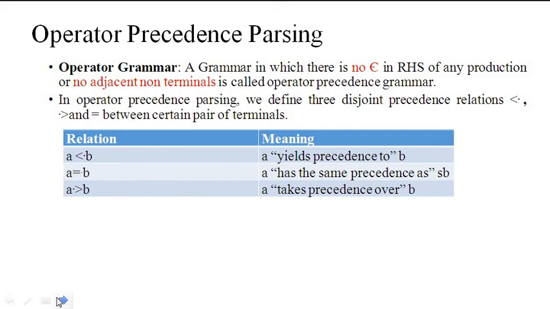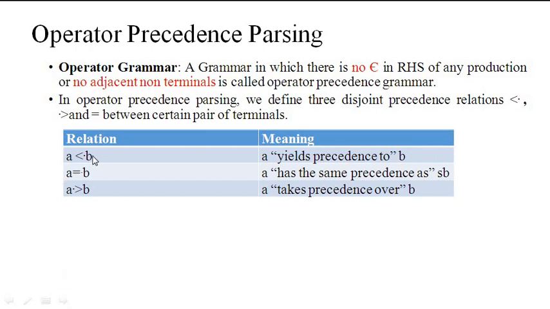It means E gives EE. This type of production is not possible in operator precedence grammar. In operator precedence parsing, we define three disjoint precedence relations: less than, greater than and equal between certain pairs of terminals.